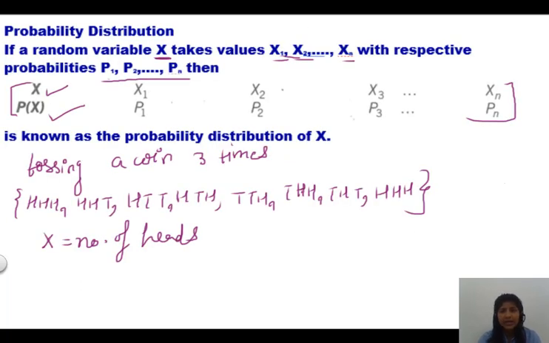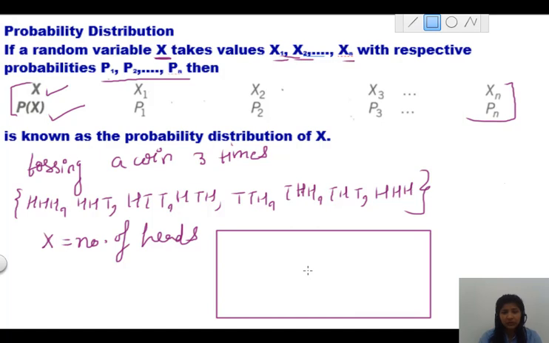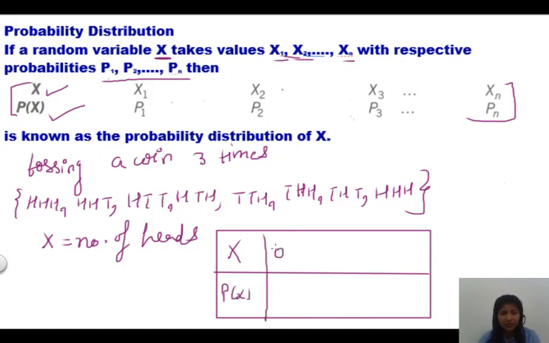What we have to do is we have to draw one table in our notebooks, and we form x and p of x. So x here, p of x here. Now what are the values of x? 0, there can be 0 heads, there can be 1 head, there can be 2 heads, there can be 3 heads.